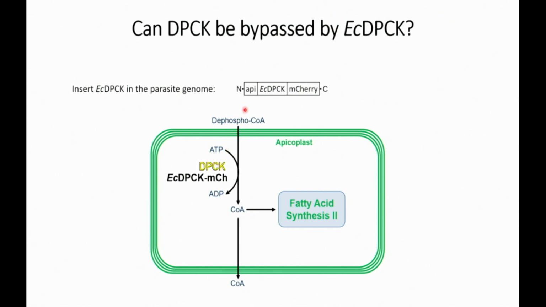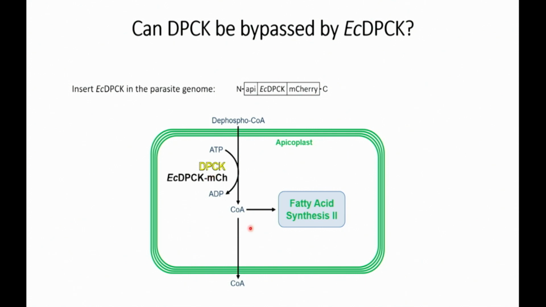So we generated a parasite line where we appended onto this E. coli DPCK an apicoplast trafficking peptide as well as mCherry, so we can track to make sure it's expressed and where it goes, and created this parasite line that still has the endogenous DPCK, but has in addition this E. coli enzyme, hopefully trafficked to the apicoplast.